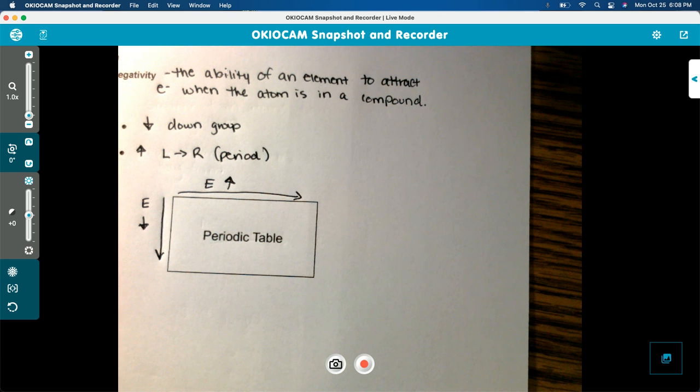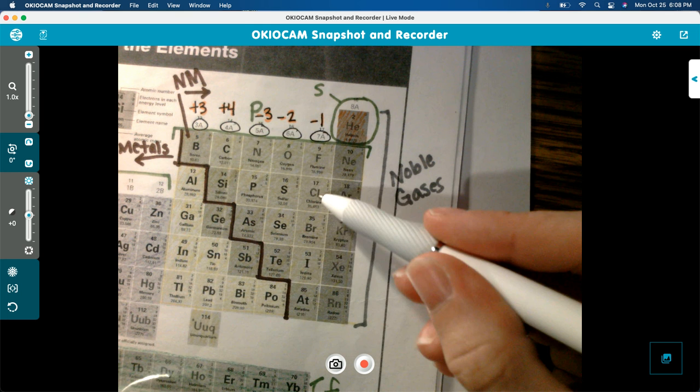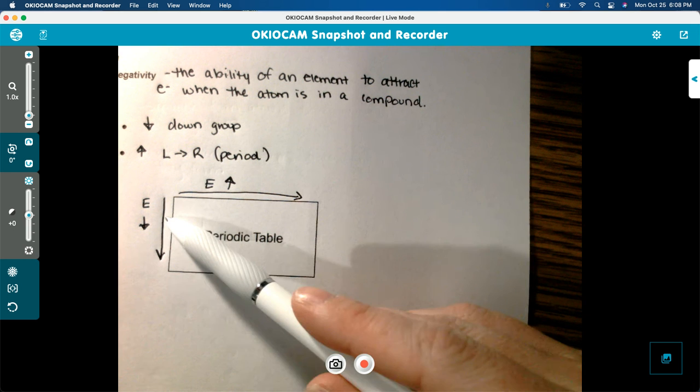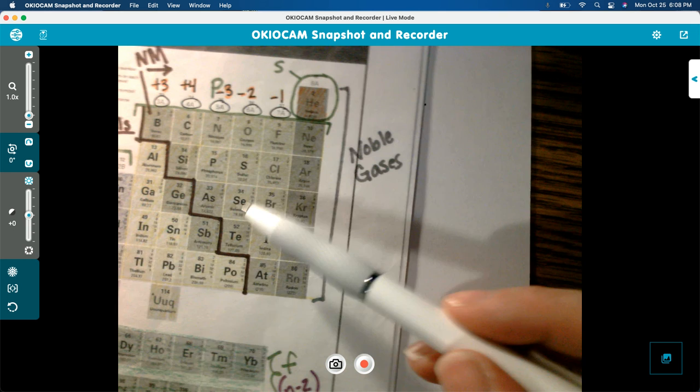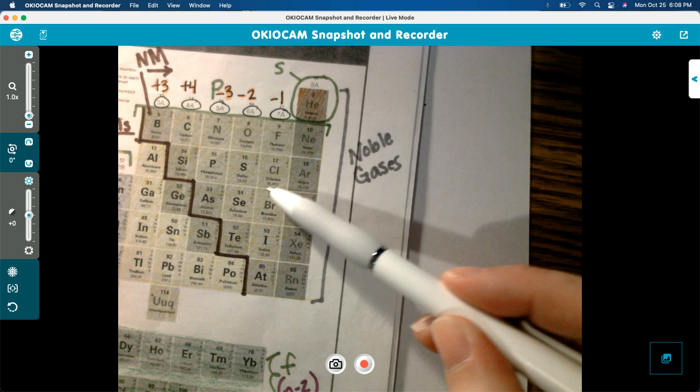So if we were looking at our periodic table, what would have a higher electronegativity, chlorine or bromine? Based off of this information that we just learned, hopefully, because it's farther down the periodic table, you would know that bromine is smaller in electronegativity and chlorine is larger.